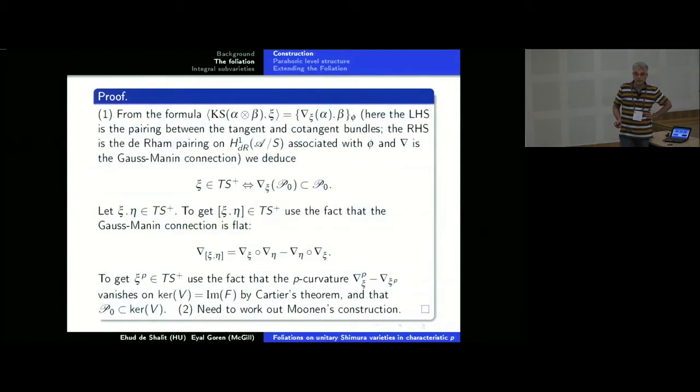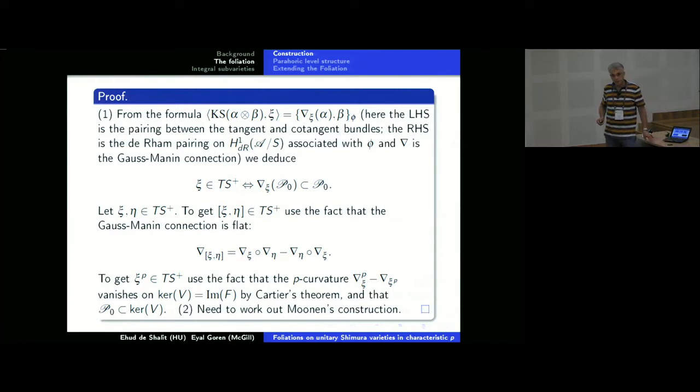Let me just say that you have to understand how Kodaira-Spencer is defined from the Gauss-Manin connection. You have to understand the relation between various pairings on H1 de Rham. And finally, the involutiveness boils down to the fact that the Gauss-Manin connection is flat.